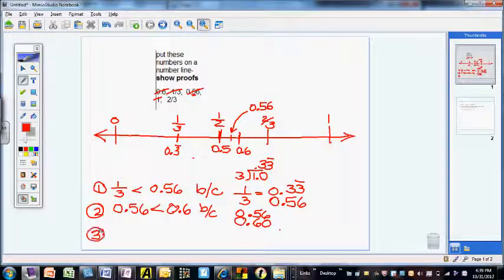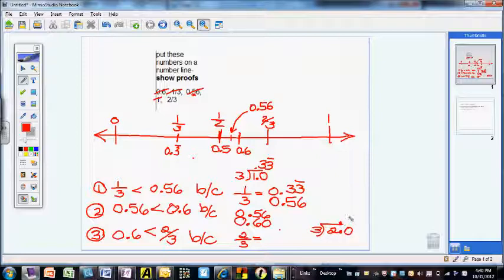Then my next proof is going to be 6/10 is less than 2/3, and I need to prove that. So 6/10 is less than 2/3, because 2/3 is equal to, and I need to prove that, 2 divided by 3.